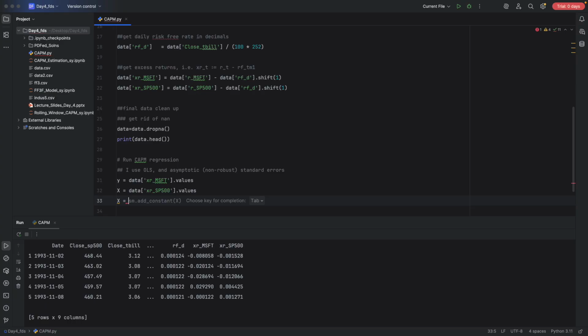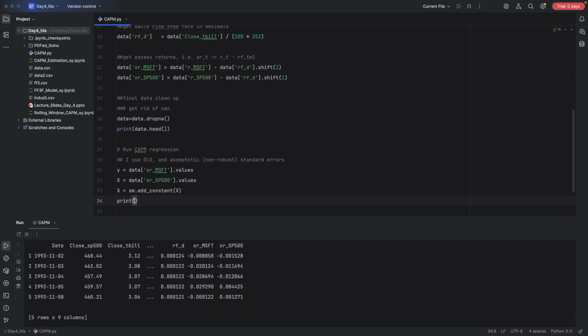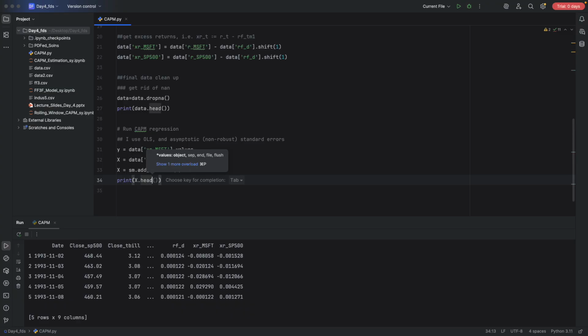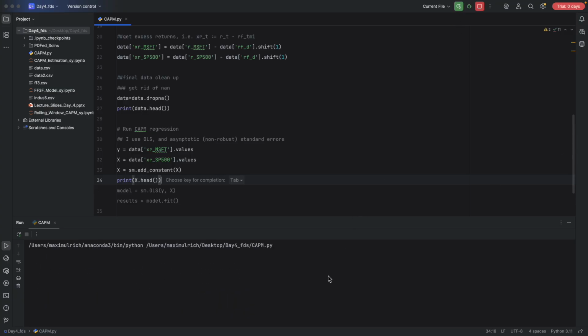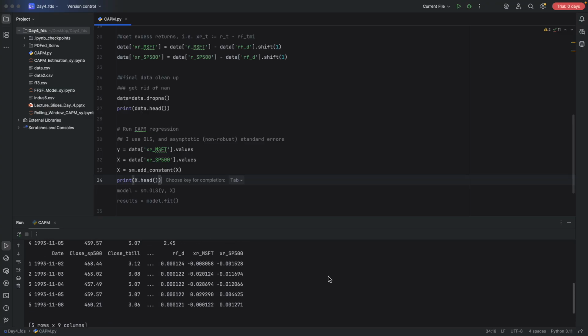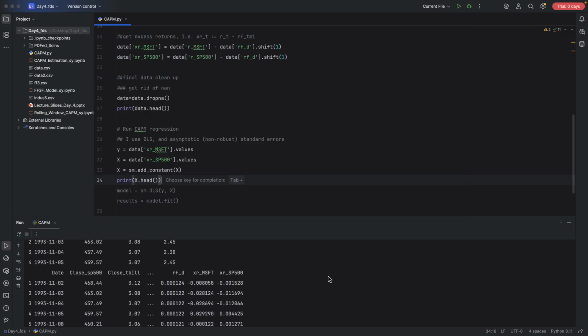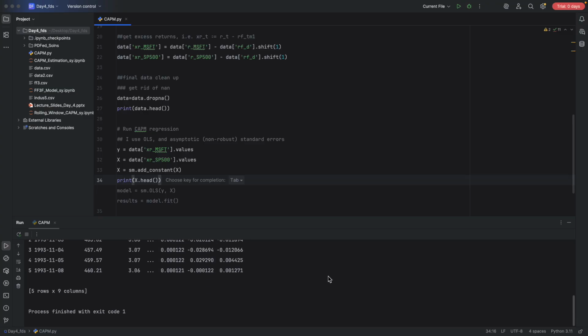It makes a local copy, and now I assign that local copy to what I call X on the left-hand side. Yeah. So maybe if we do print x.head, there is a mistake.